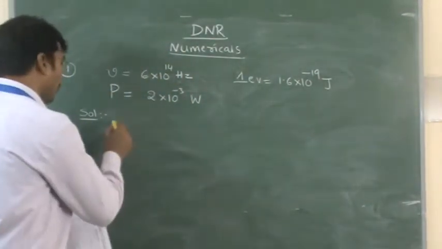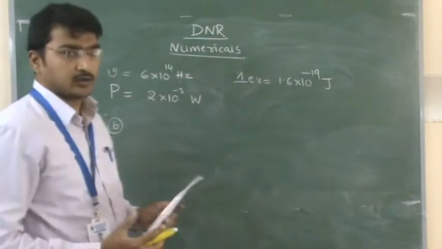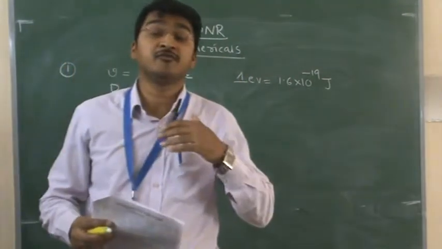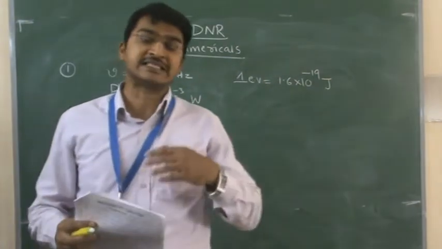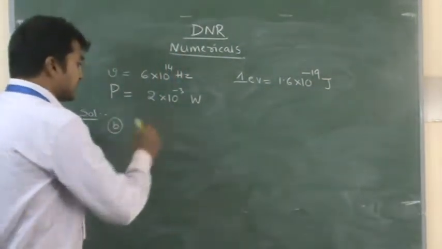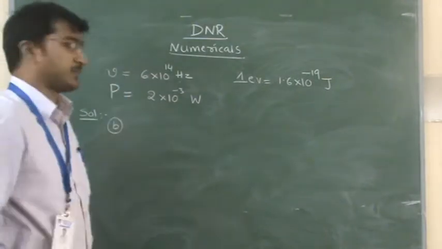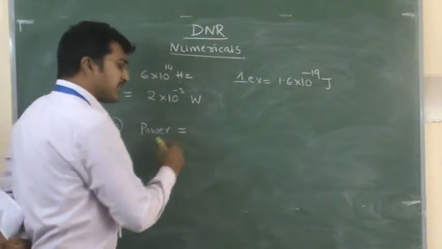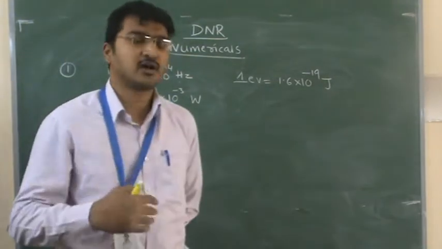What is part B of the first question? They are asking for the number of photons emitted every second. First we start with the data given, power. Generally, mechanical power is defined as work, the rate of doing work, or work by time.